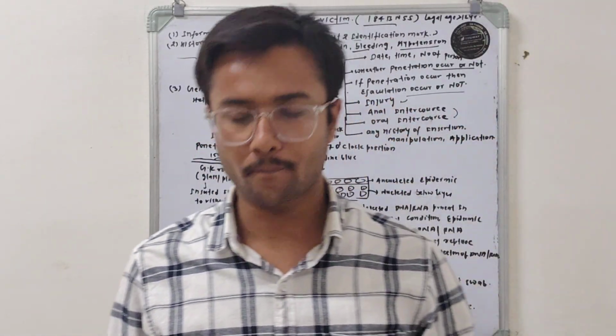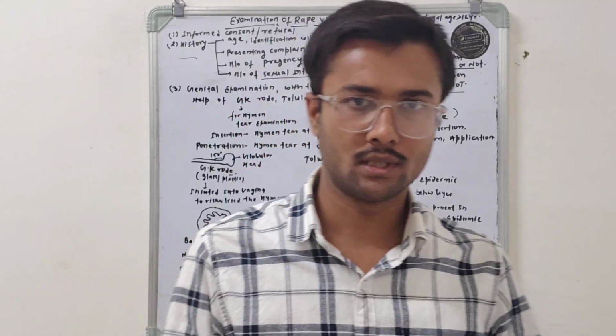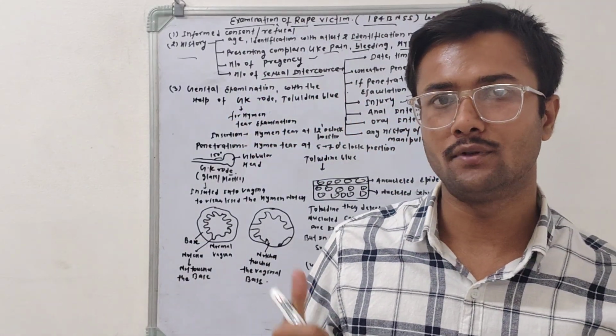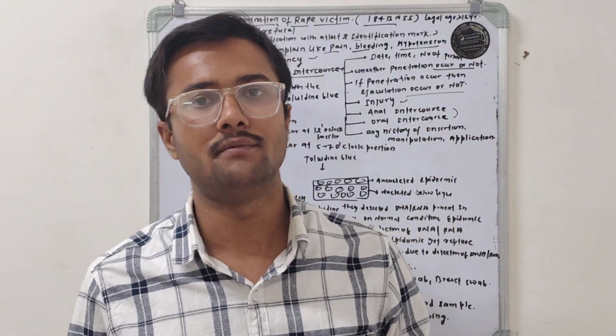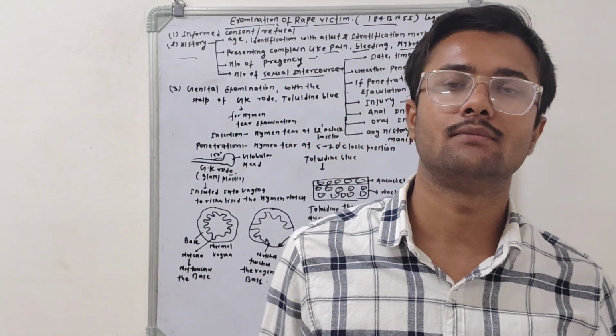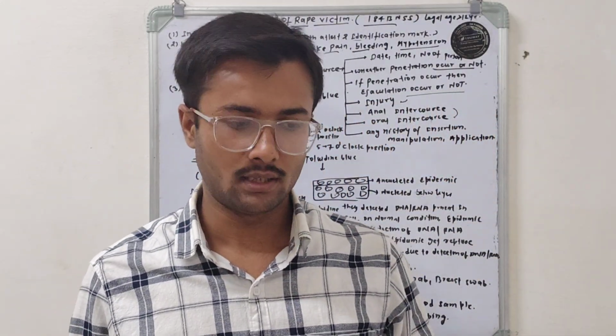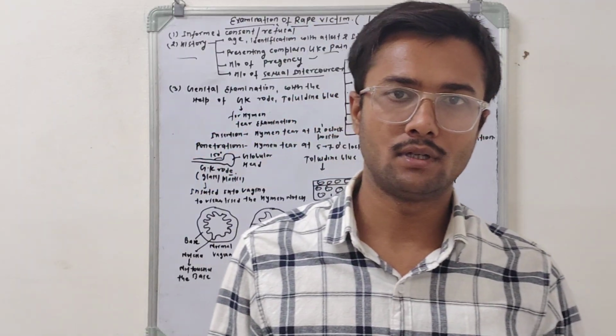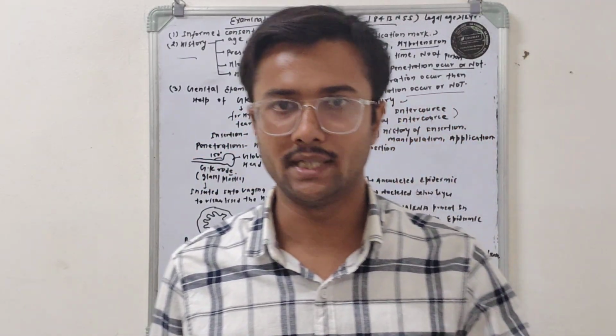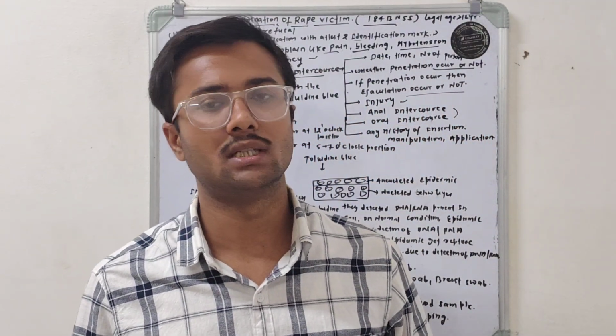After taking the informed consent, we go for the history taking part, where we ask about the age of the victim and identification marks. Then we go for the history of complaint, which includes pain, bleeding, and some other things.